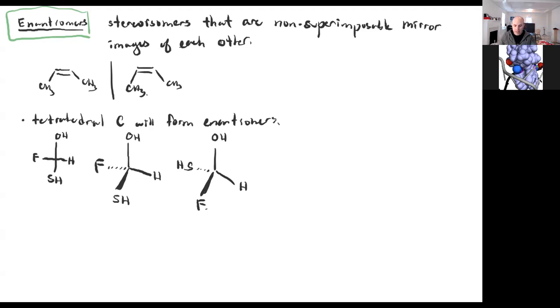And if you allow me to flip this molecule or rotate around the CO bond 180 degrees, what I end up with is a drawing like that. Okay, so I haven't changed anything in the molecule, just rotated about the CO bond.